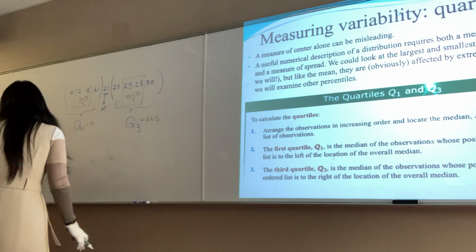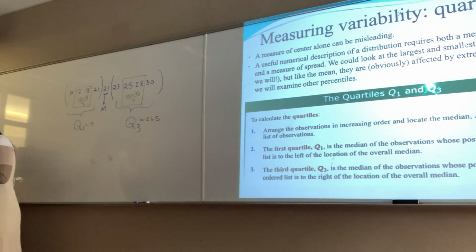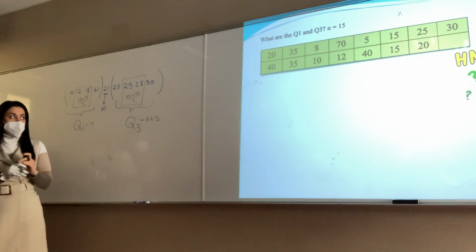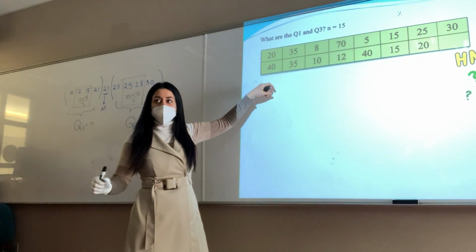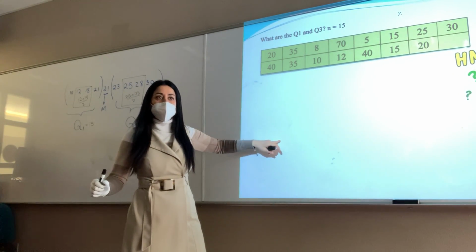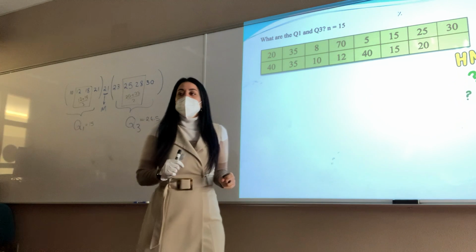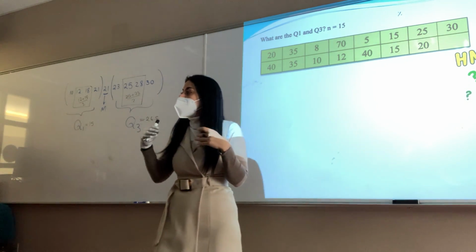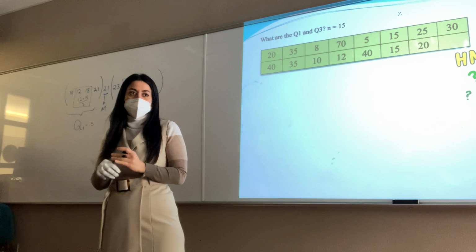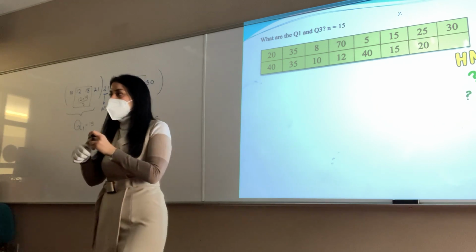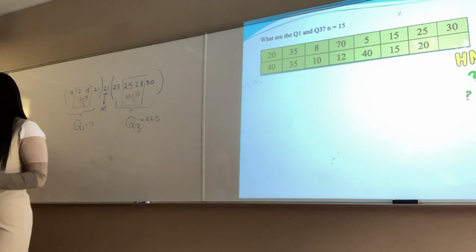So there are actually lots of good things about quartiles. I want you to work on this example, and then I have another example. Then we will go through the key points about quartiles. So first, organize the data set.